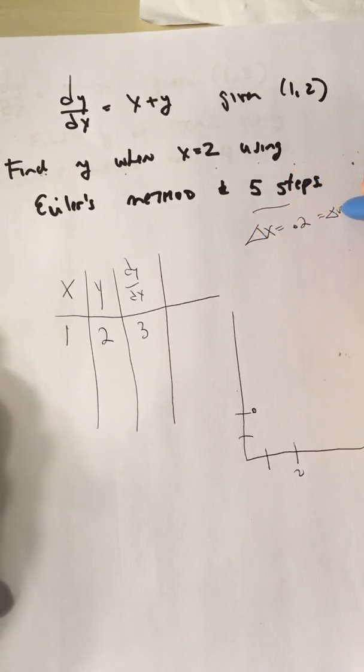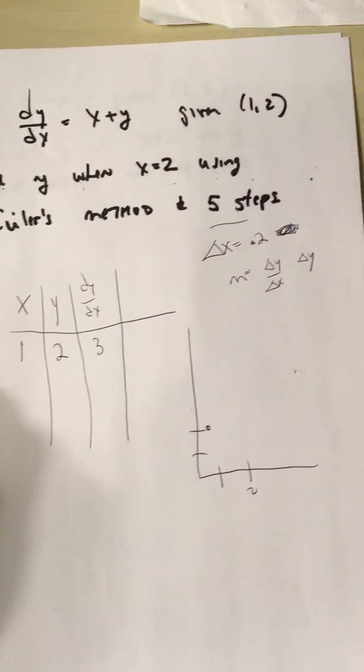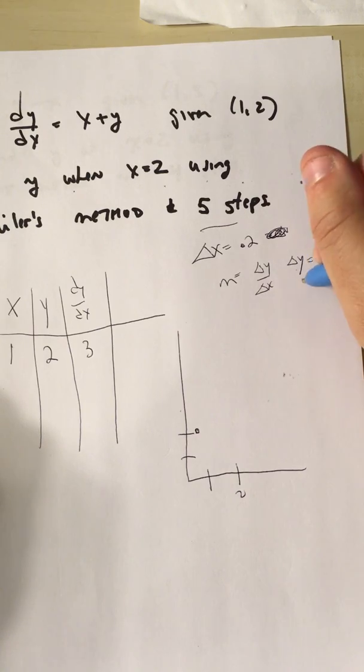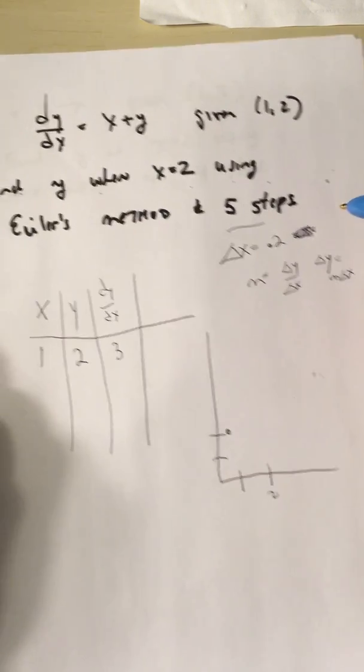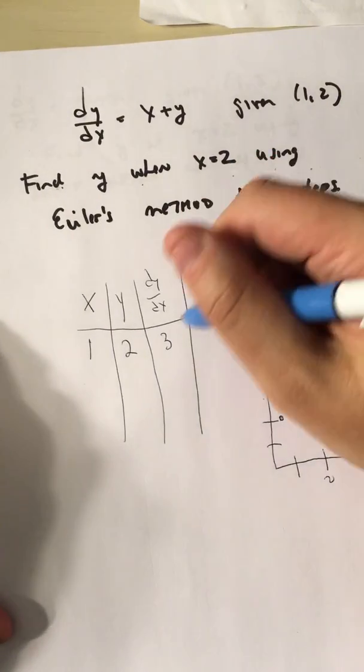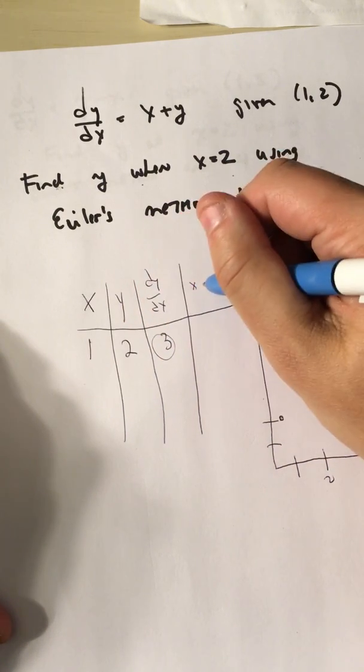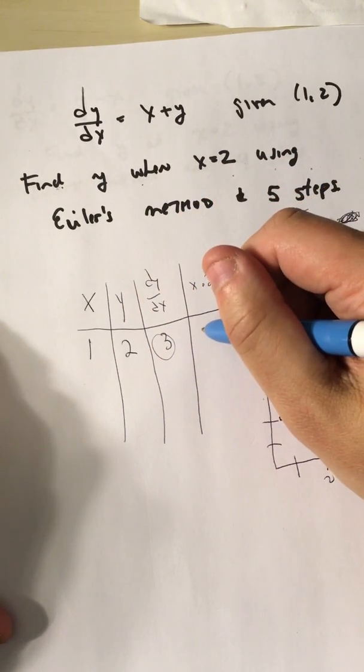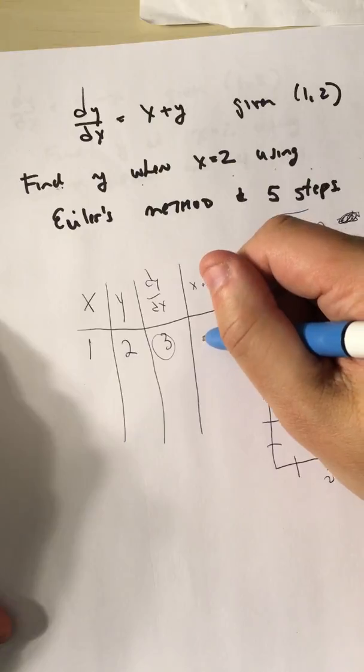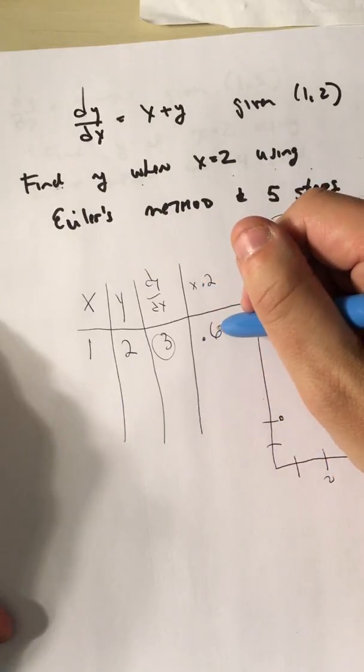Delta x is changing now. The slope is delta y over delta x, so delta y is going to be the slope times delta x. Essentially, we're going to take this number 3 and multiply it by 0.2, which is 0.6.